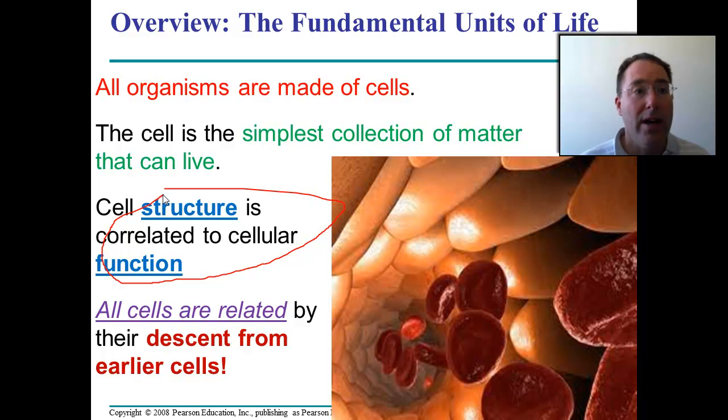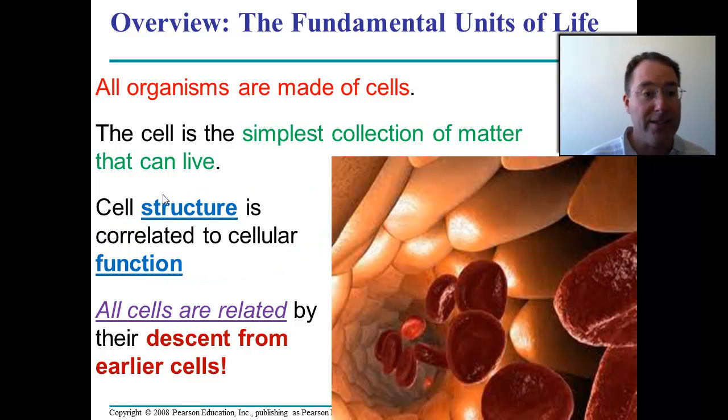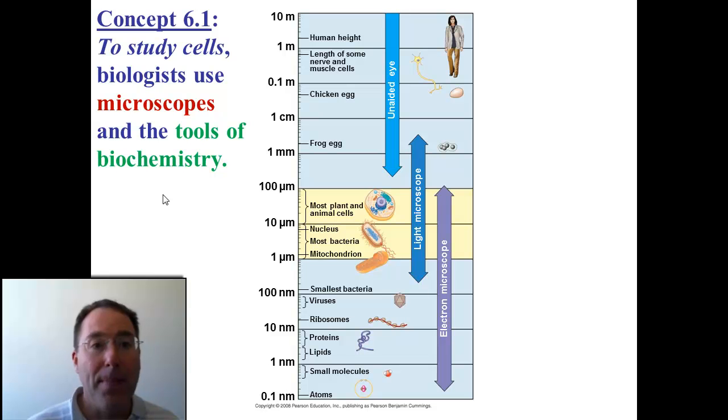And so whenever you see something like these red blood cells, they are that shape and that size, and they do that function for a reason. Really, structure is equal to function. That's one of the major themes of this entire course. And all cells come from pre-existing cells. Just try to remember that.